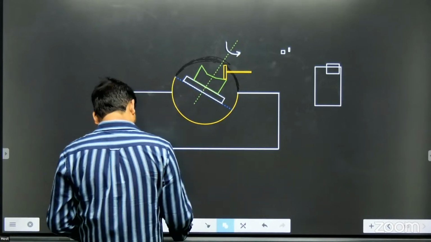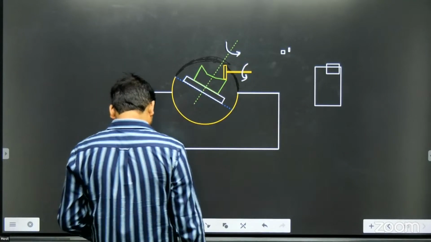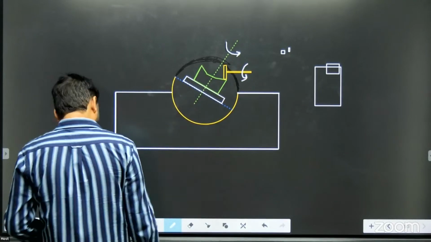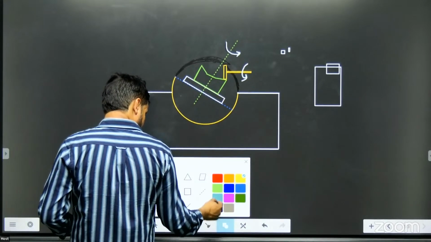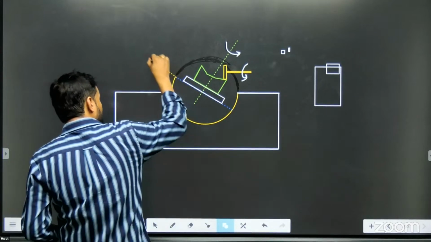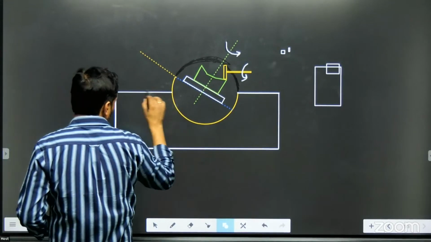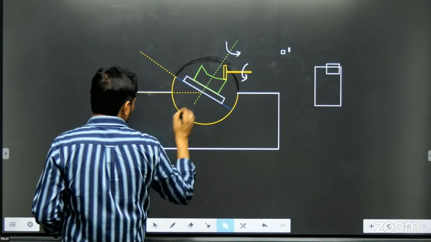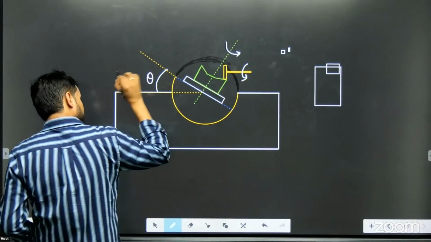So the grinding wheel will rotate, and this angle over here is theta.